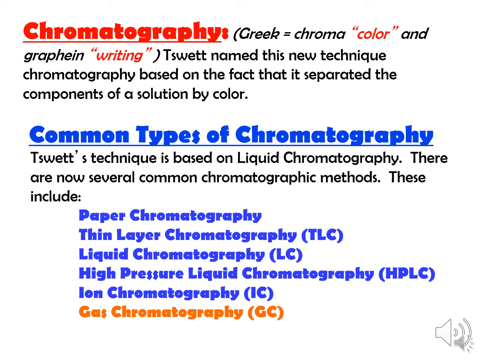There, the water is the moving phase, or the mobile phase. And we have thin layer chromatography, liquid chromatography, high pressure liquid chromatography, very popular for biological type compounds, ion chromatography, and then what we're going to talk more about here, gas chromatography.